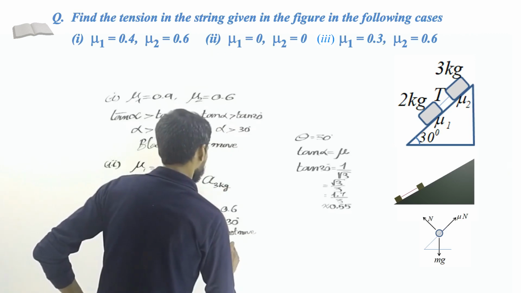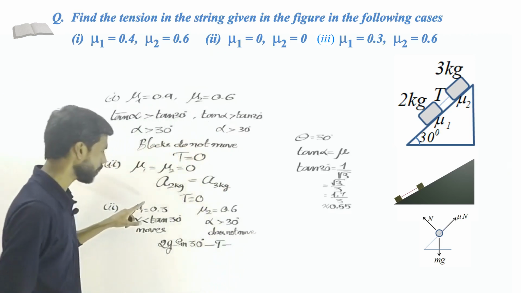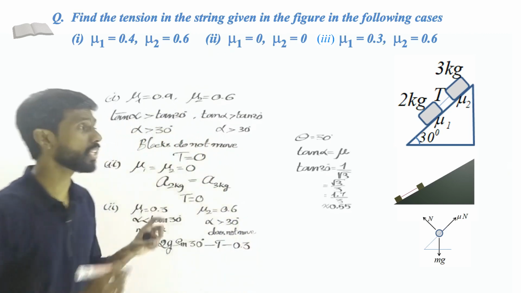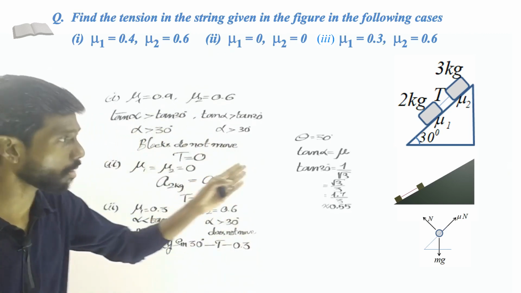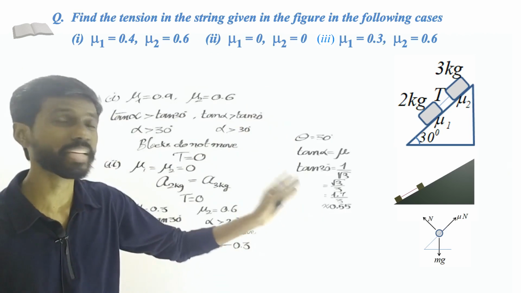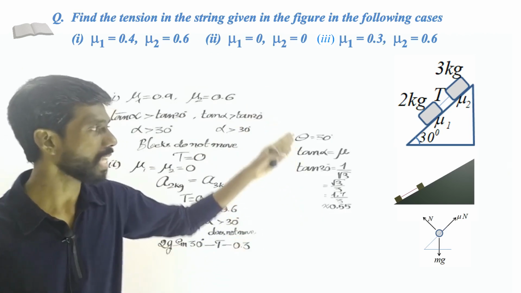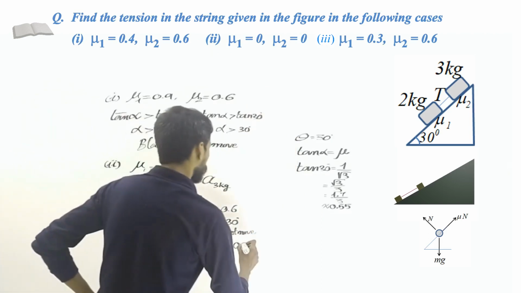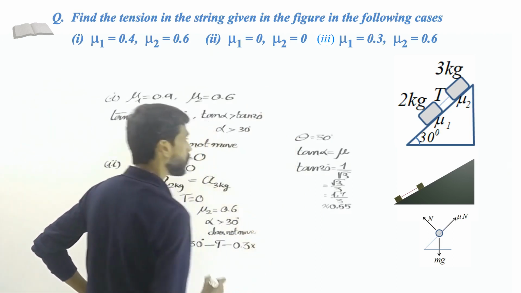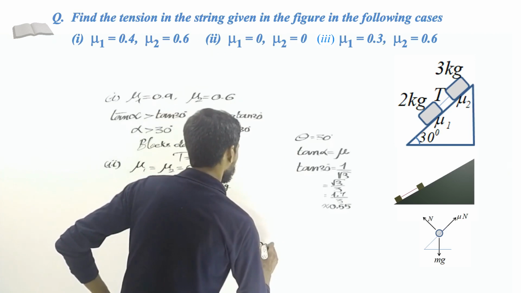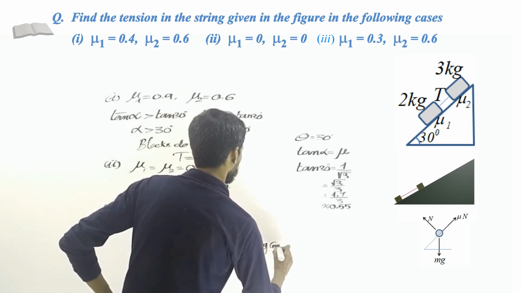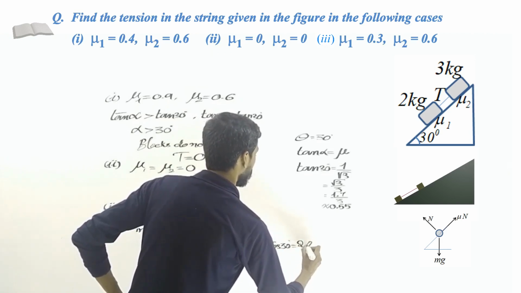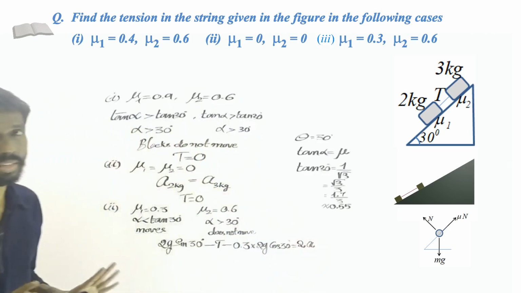Minus mu, where mu is 0.3, times the normal force. What is the normal force? Normal balances the component of the gravitational force. So normal equals mg cos 30. So 0.3 multiplied by mg, where m is 2, so 2g cos 30. This equals mass, which is 2, multiplied by the acceleration. So that's all. This is equation number 1.